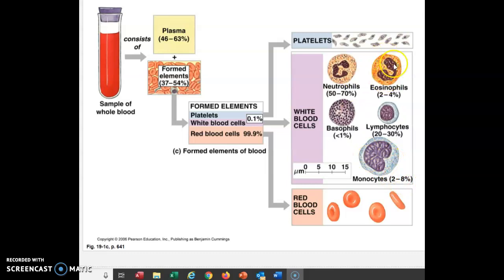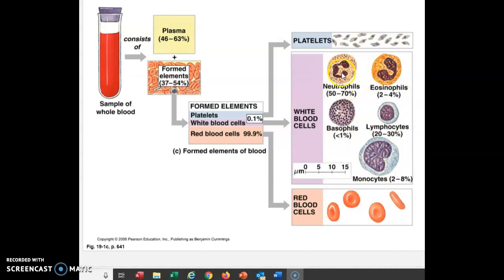Then finally, eosinophils, which are kind of specialists. We primarily see them in certain conditions we'll talk about in a minute. They make up 2 to 4% of our white blood cells. And then finally, our very specialized basophils, they make up less than 1% of our white blood cells. So here's our relative numbers.